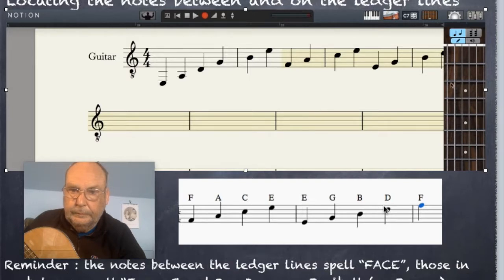And finally, we have favour F, which is the 1st string, 1st fret.